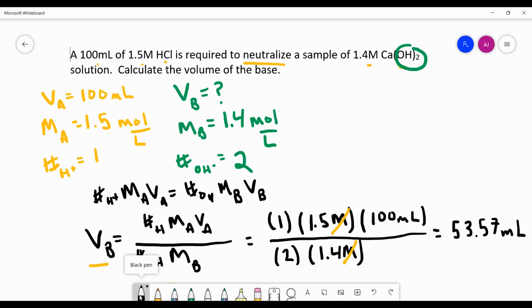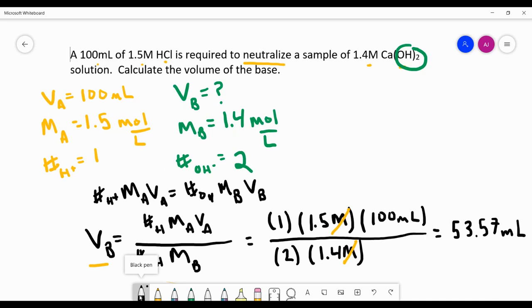Always good to look at your final answer and think about whether it makes sense. We had 2 solutions which were pretty much the same concentration. However, we needed about half as much volume of the base than the acid to reach the equivalence point. And that makes sense because our base here is releasing twice the number of hydroxide ions as the acid is releasing hydrogen ions.